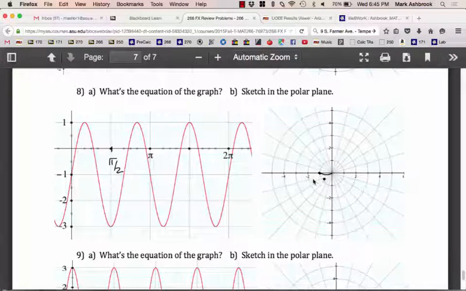Okay, so at pi over 2, it's -3, so you're here. So basically, it's going to do this. You're going to have a little loop, and then it's going to go down like that. And that's all from 0 to pi over 2. Does someone get that? All right, and then you're going to go from -3 back to 0.